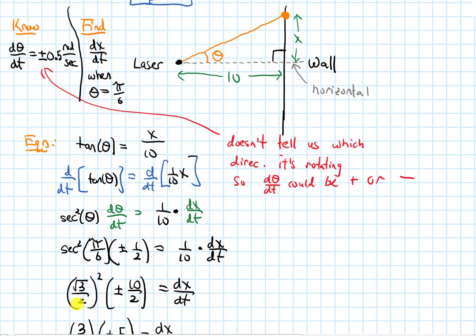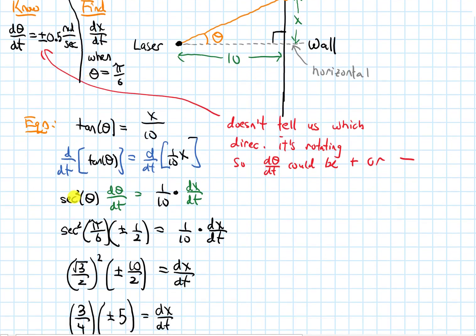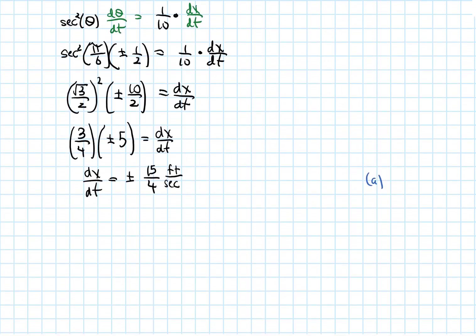This is not quite my final answer, because remember the question asked, how fast is the spot moving? So I need to make sure I answer with the speed, which means I need to give a positive value for my answer.